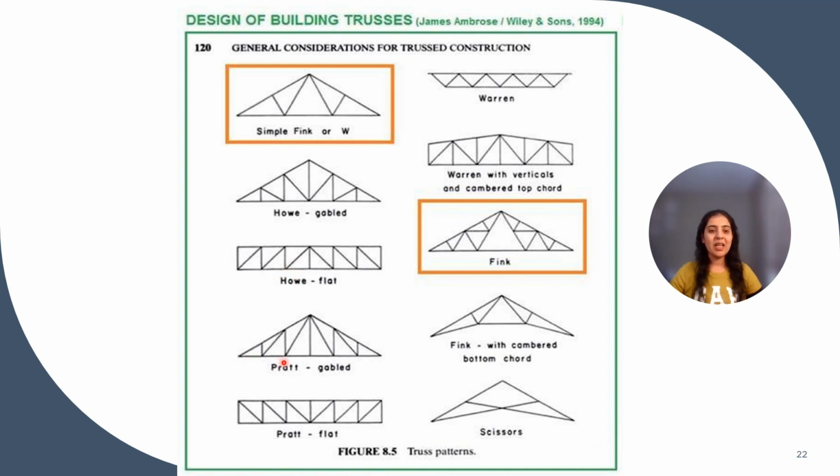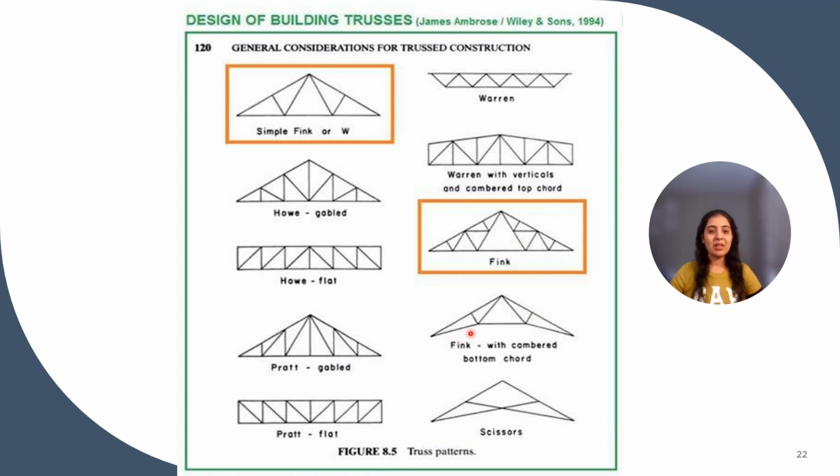Now this is a Pratt truss and this is a Pratt flat truss. So you can also remember it in a similar way. Now this is a Fink truss. See the shape of the web members.